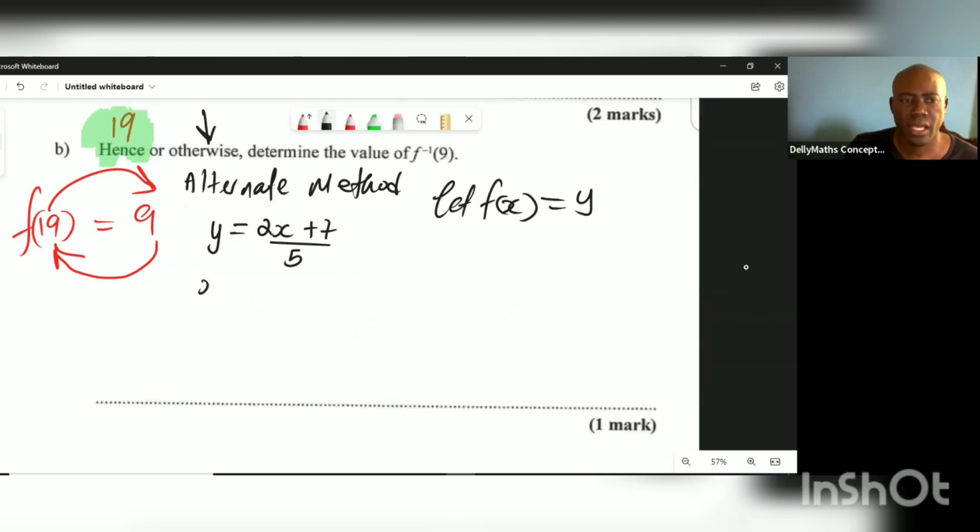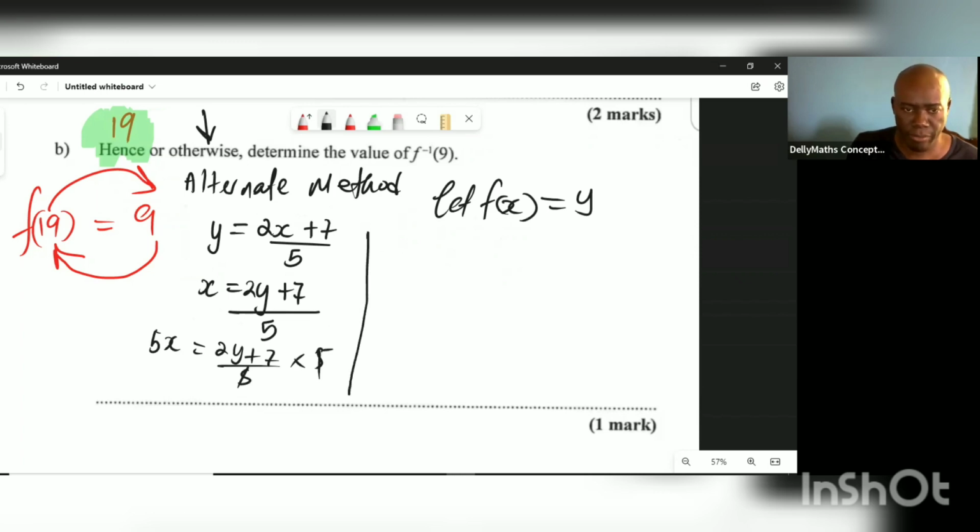So this means that x is equal to 2y plus 7 over 5. And then we transpose for the new y. So we're going to multiply both sides by 5.